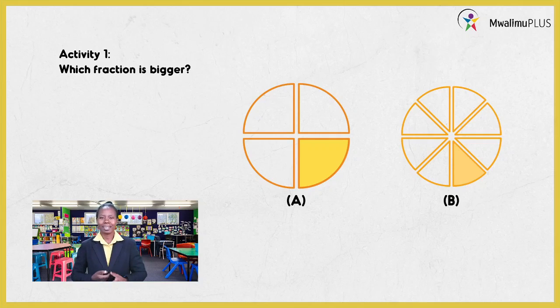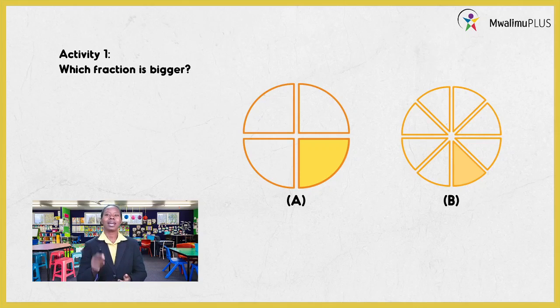Look at the diagrams. We have diagram A and diagram B. Can you see the fractions? Yes. Now, we want to look at the shaded parts. The first diagram, A. Which part is shaded? Very good. That is a quarter. Why? Oh, yes.